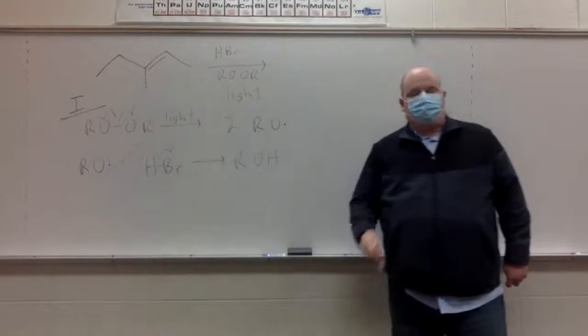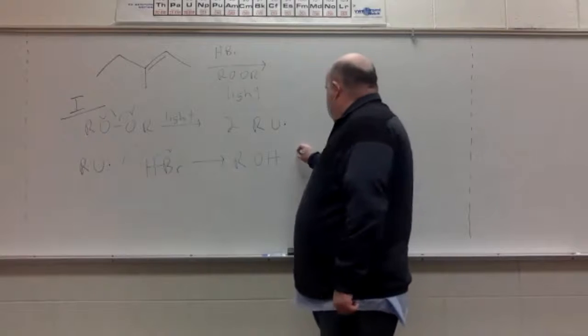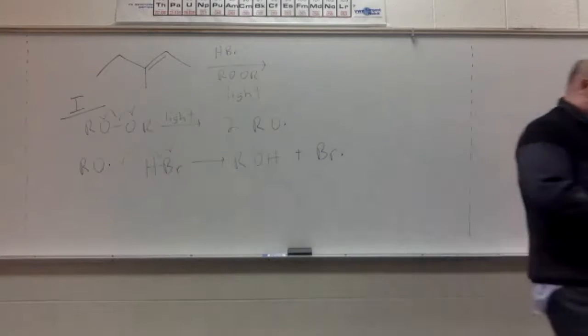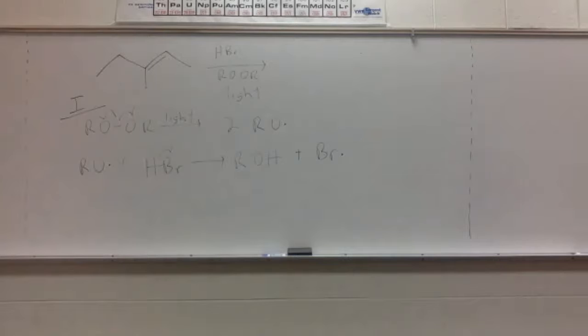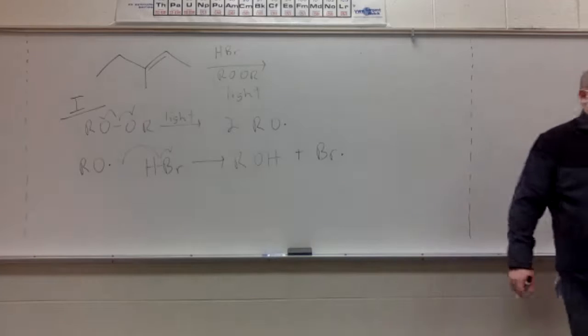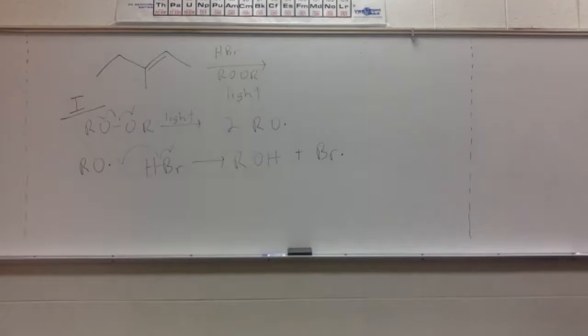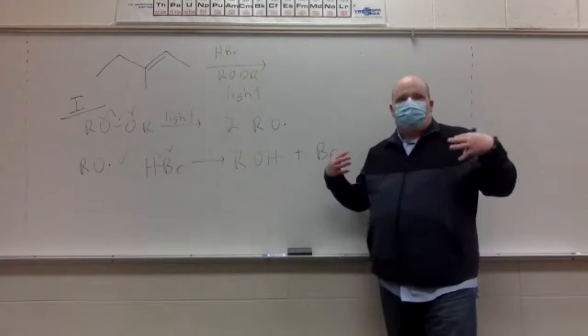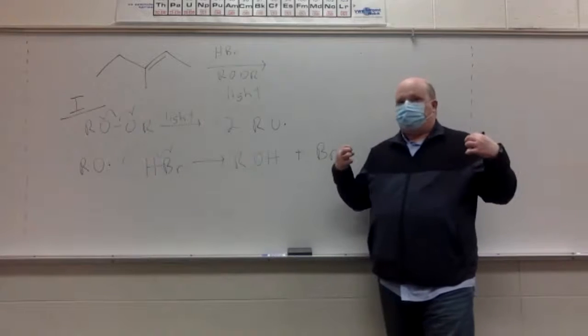It's just a byproduct, just a waste product. But more importantly, you make your Br radical. All right? That's basically the purpose of any of these initiation steps, is to make a Br radical, or in the case of chlorination, a Cl radical. All right? Once you make your Br radical, then you can proceed with propagation.